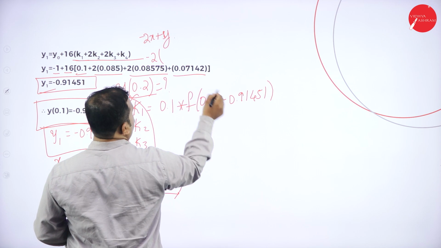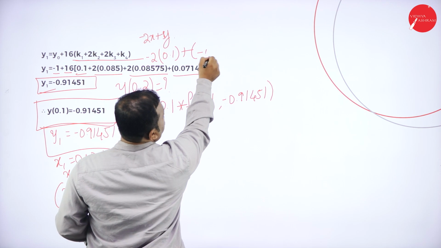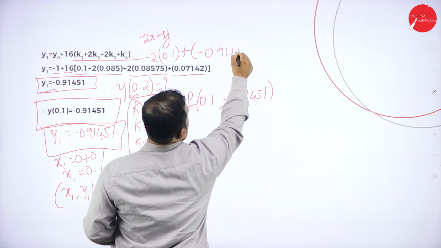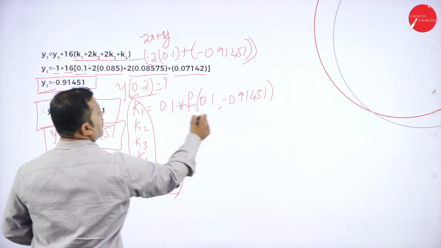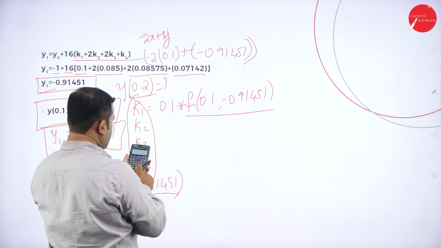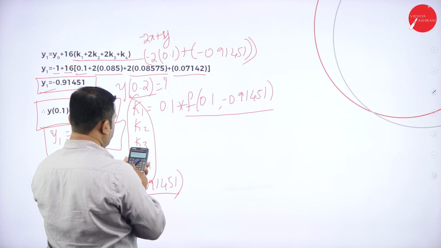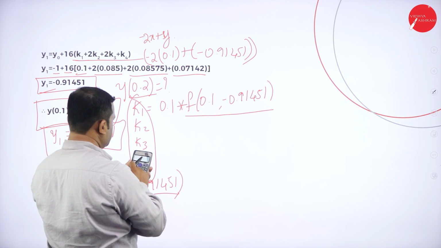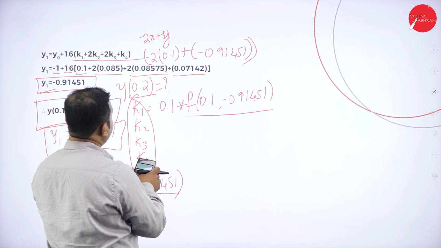Minus 2 into x, which is 0.1, plus y, which is minus 0.91451. This is substituted to get the value of this term. If I do that operation: minus 2 into 0.1 plus this term, minus 0.91451.